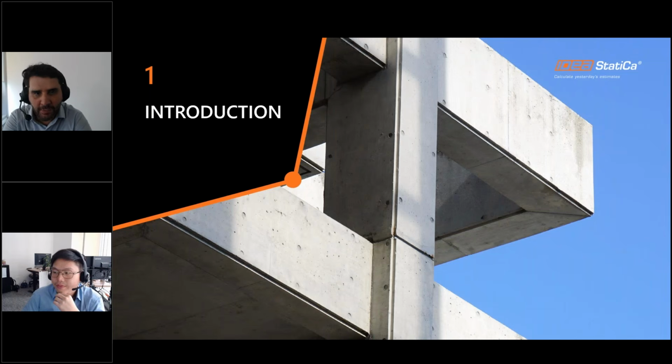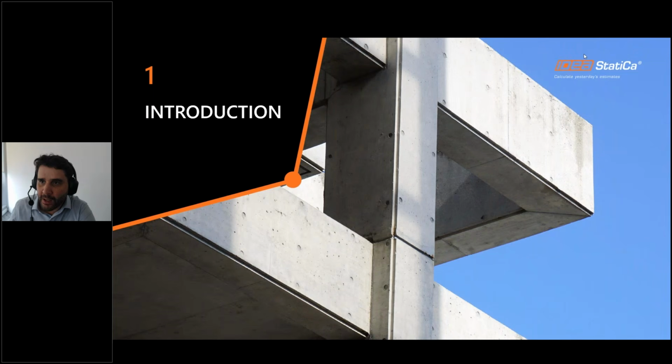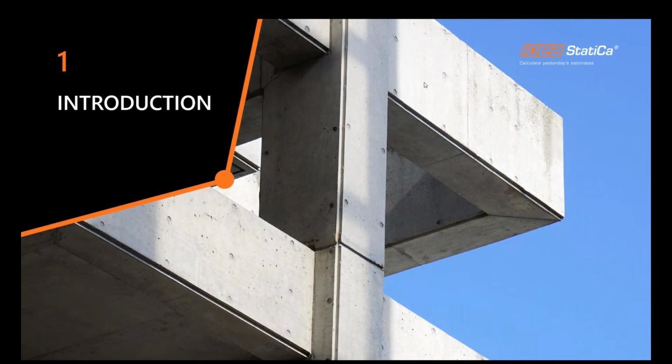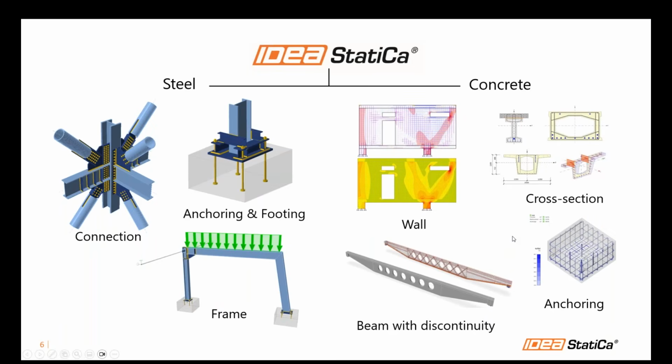So let's jump into the introduction. I'll just turn off my camera so you will have the full screen. Firstly, for those who are not very familiar with IDEA StatiCa, what do we offer? We focus on structural analysis and code checks of structural details and critical members. We have a part focused on steel and concrete. I would say many of you are familiar with IDEA StatiCa Connection for steel connection design and anchoring and footing.